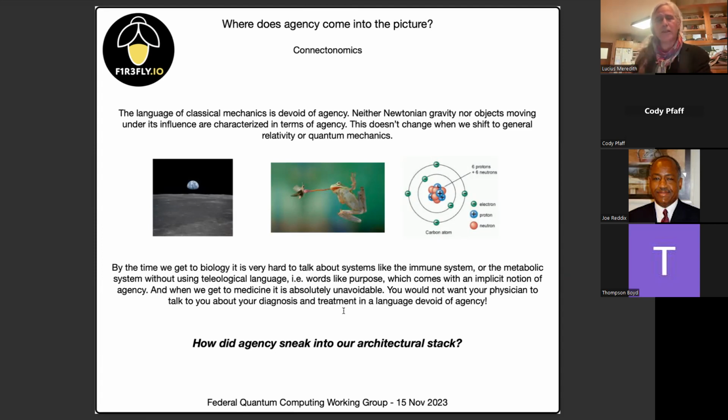Newtonian gravity has no agency, it's just a law. And objects that fall under the gravitational influence as characterized by Newtonian mechanics have no agency. And when you shift over to either general relativity or quantum mechanics, you find that situation doesn't change.